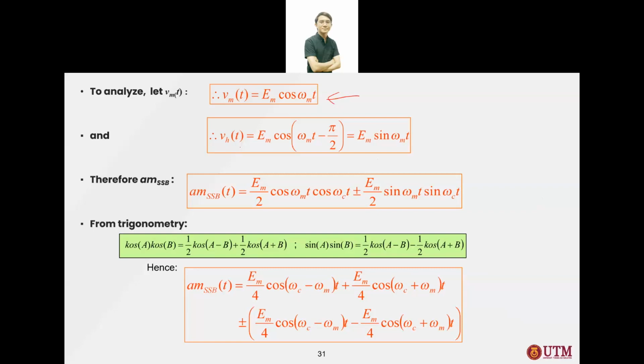And then you have VH cos omega CT minus pi over 2. AM SSB, single sideband.